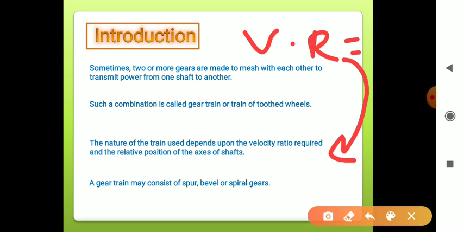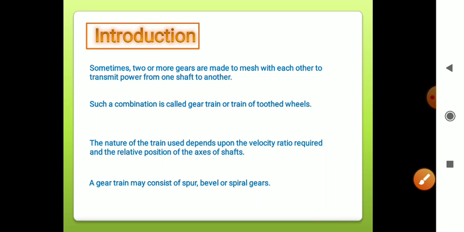Otherwise, depending on the axes of the shafts, we can make the gear trains, or as per the requirement of velocity ratio we can set the gear train. The gear train may consist of spur, bevel and spiral gears.